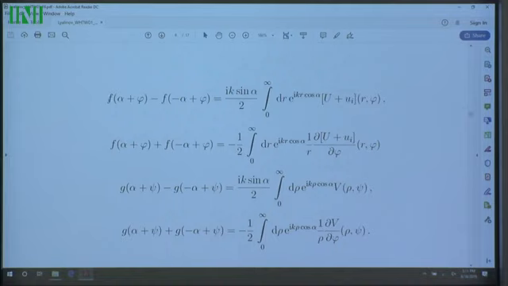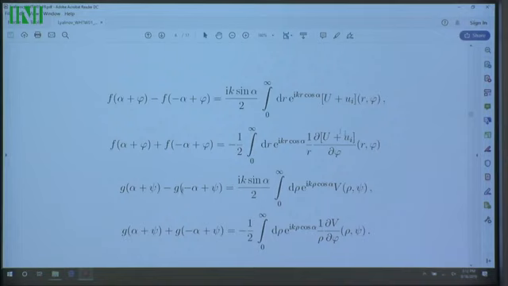It shows that, for example, such combinations of the Sommerfeld transformant can be expressed by means of the wave field on some line. So this is a kind of theorem. So we have plus if we deal with the total field, and we have minus if we have here total field, and we have plus if we work with normal derivative of total field.